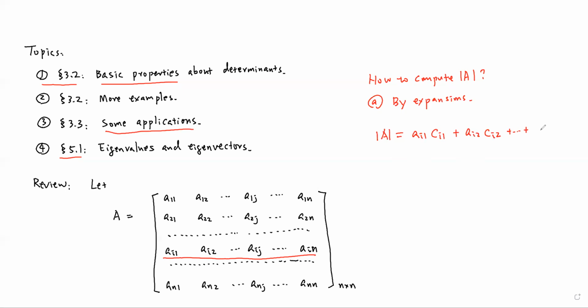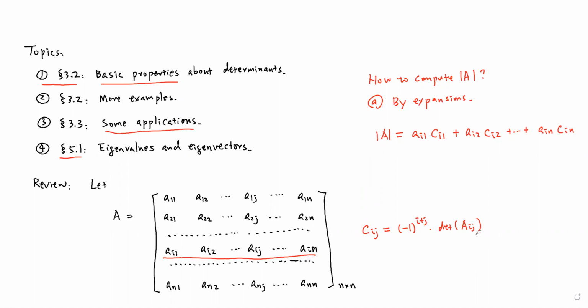The last entry is a_in times C_in. What is C? The formula for C_ij is (-1) to the power i plus j, then times the determinant of capital A_ij.